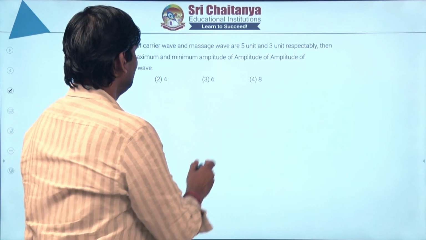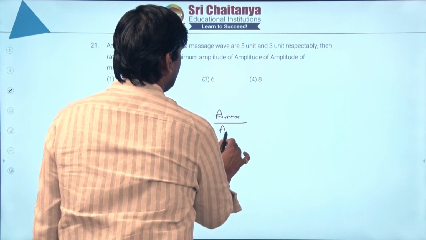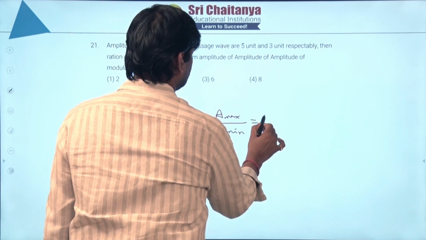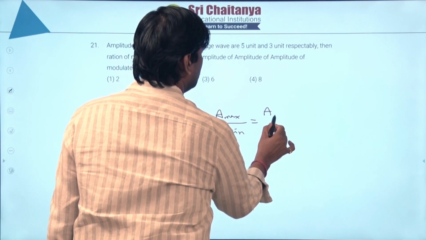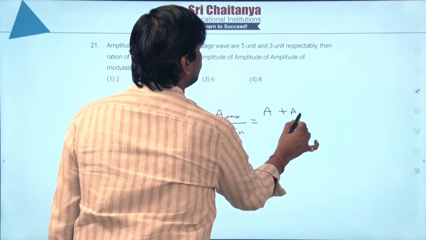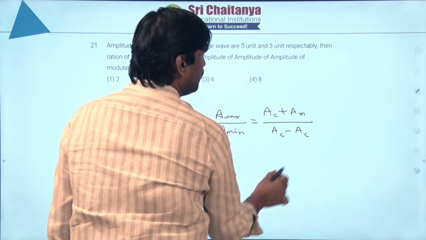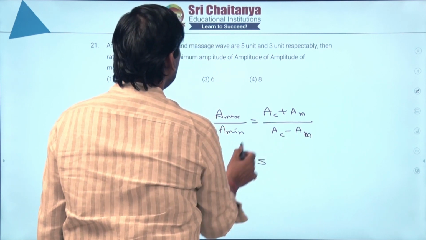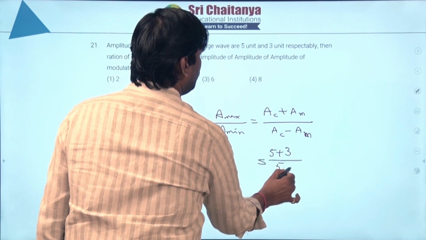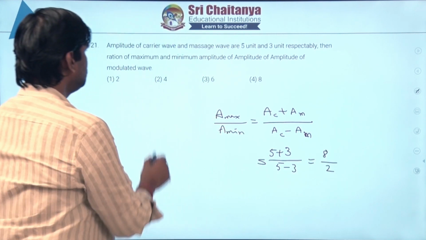Here the formula is A maximum by A minimum is equal to amplitude of carrier wave plus amplitude of message signal by amplitude of carrier wave minus amplitude of message signal. Now that is 5 plus 3 by 5 minus 3, which is equal to 8 by 2. So the correct option is second one.